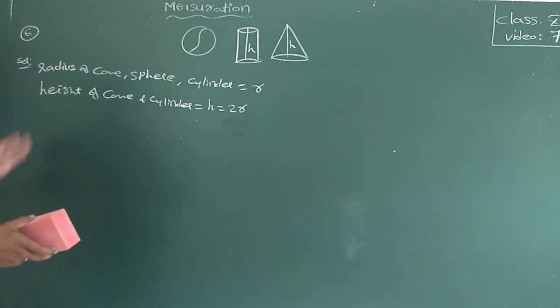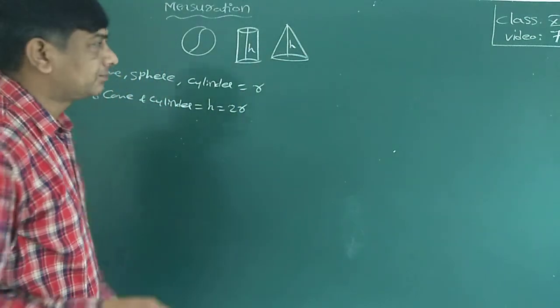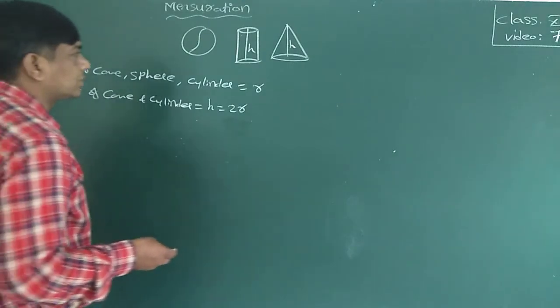So the height of the cone and the cylinder is equal to 2r. H is equal to 2r.